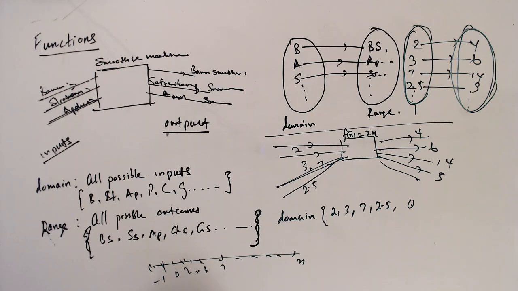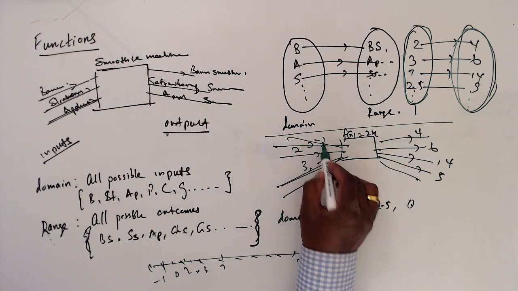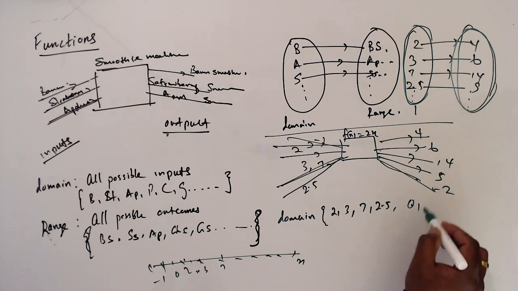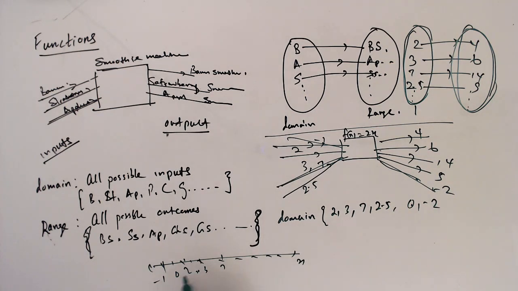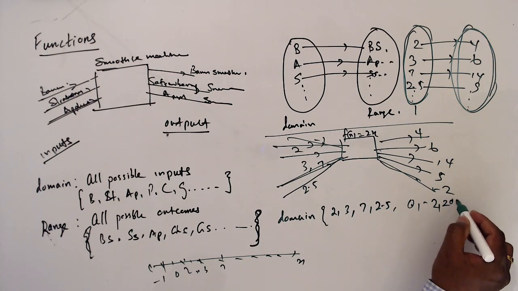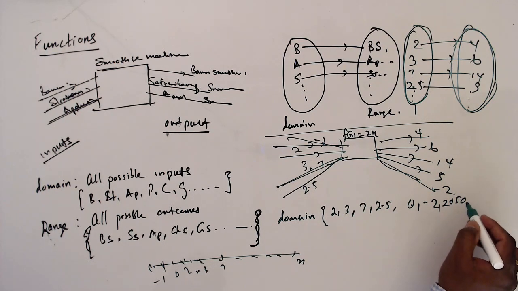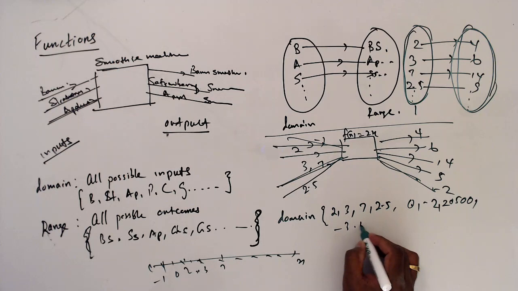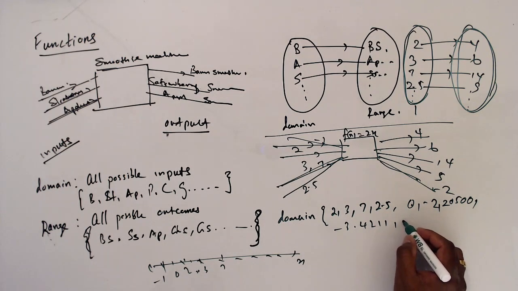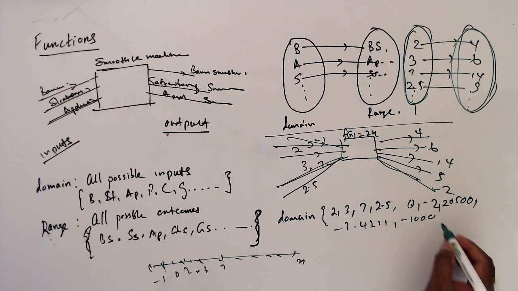And when we insert -1, it is going to be -2. So likewise, can I double 2,500 or 20,500? Yes. Can I double -3.4211? Yes.